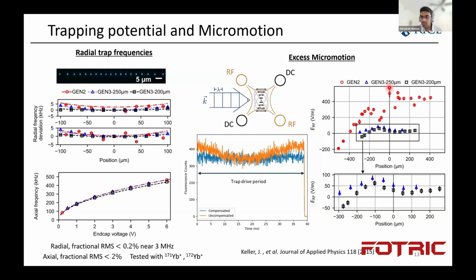But in our Gen 3, 250 and 200 micron, these are two different ion-electrode distances, there's a small variation, but we get a very low level of axial micromotion, while the radial micromotion could be completely flattened out just by moving the ion around radially. This is a good improvement, and it also shows that it's reproducible, meaning that our trap assembly is robust and can be reproduced in multiple setups.